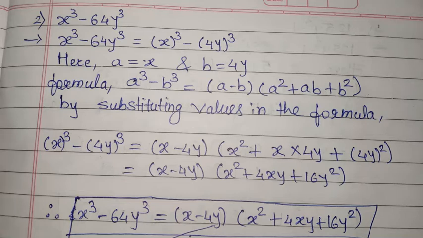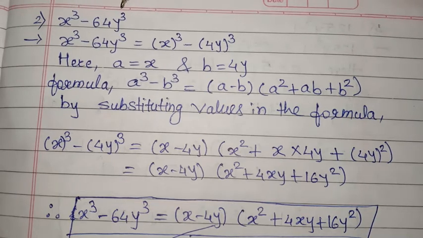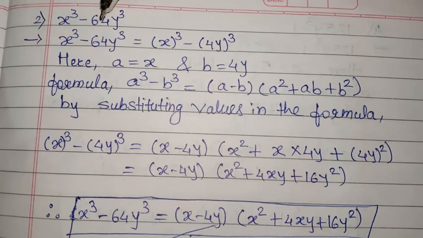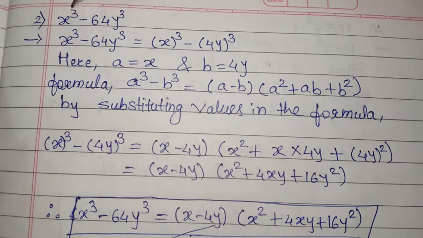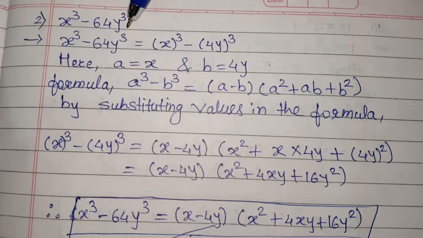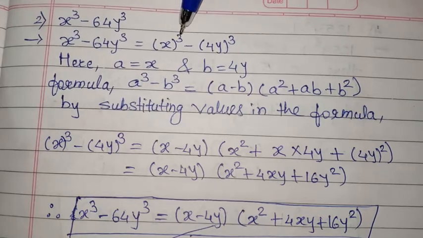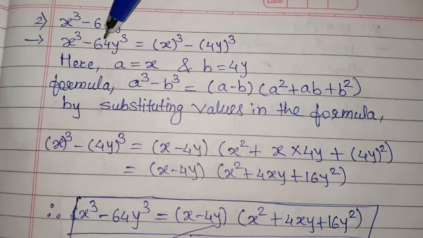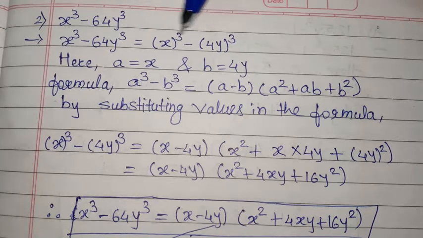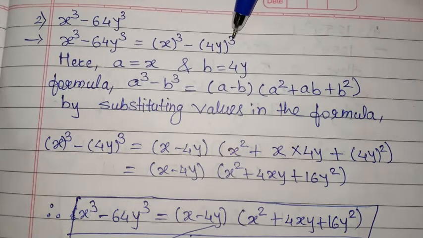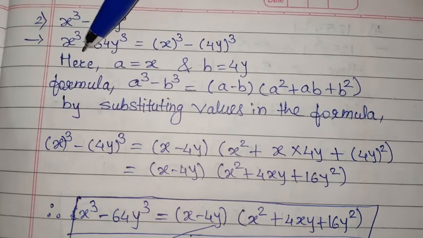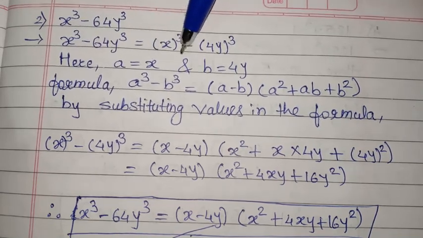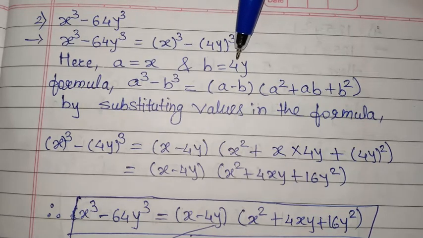Now look at this second solution. The second question is x cube minus 64y cube. So again, here we have to write it in the form of a cube minus b cube. So x cube minus 64y cube is equal to x cube minus, 64 is 4 cube, so 4y cube. We have to write 4y in brackets. Here a is equal to x and b is equal to 4y.